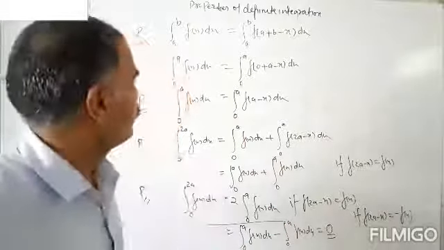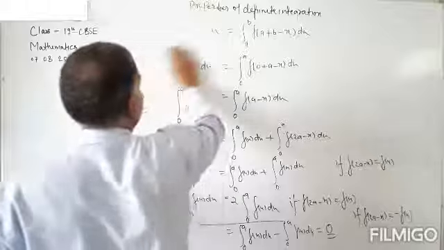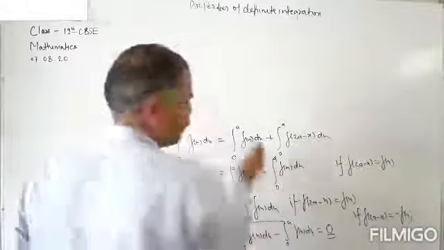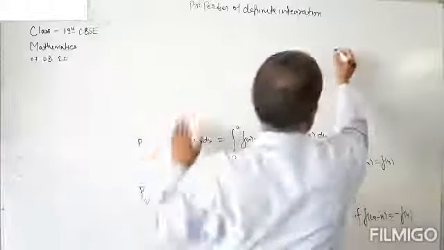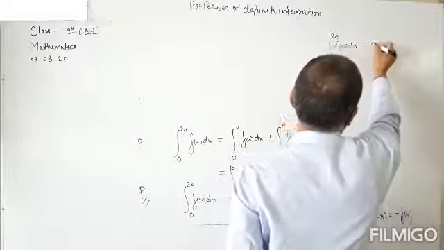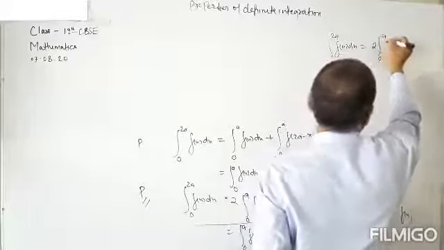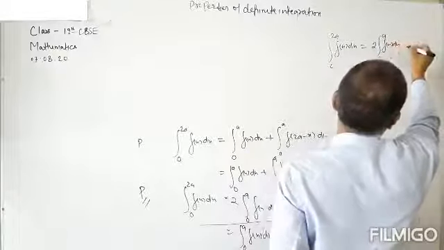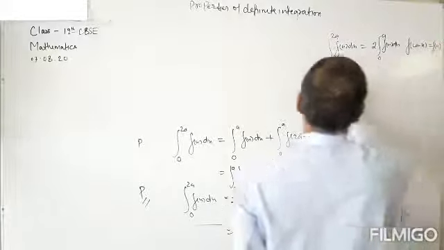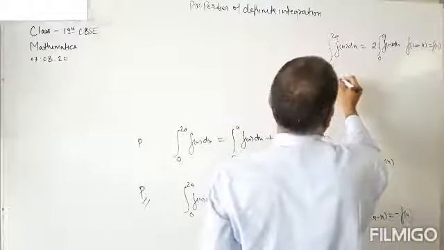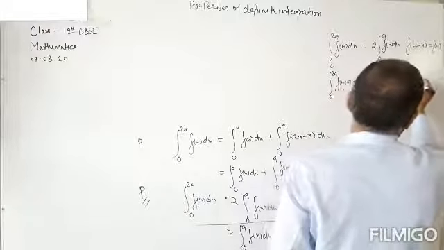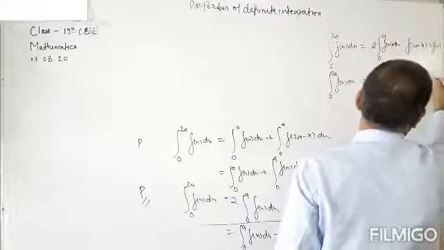Okay, in a summary, this property can be written as: the integral from 0 to 2a of f(x) dx is equal to 2 times the integral from 0 to a of f(x) dx if f(2a − x) equals f(x), and the integral from 0 to 2a of f(x) dx is equal to 0 if f(2a − x) is equal to minus f(x).